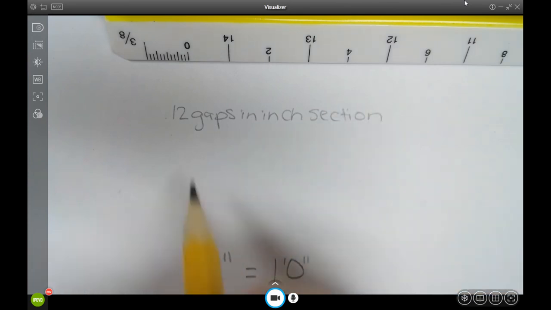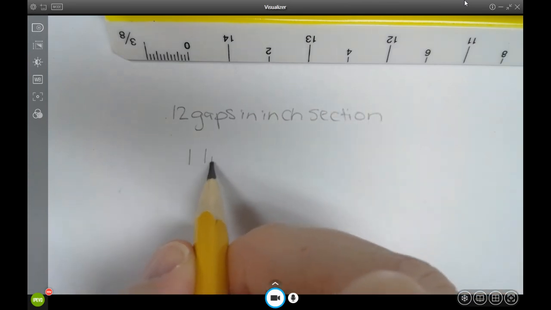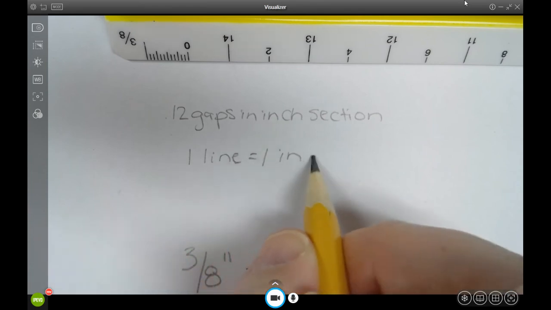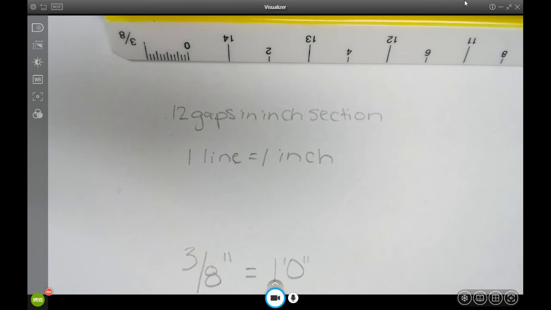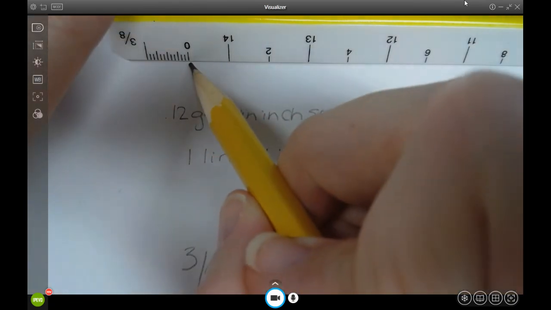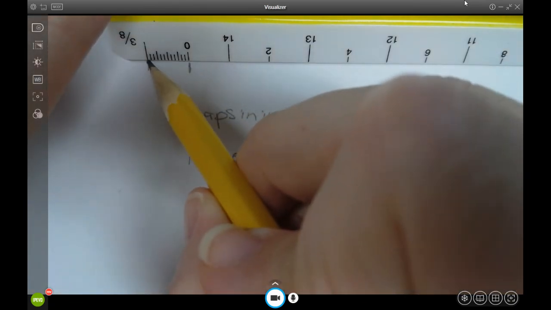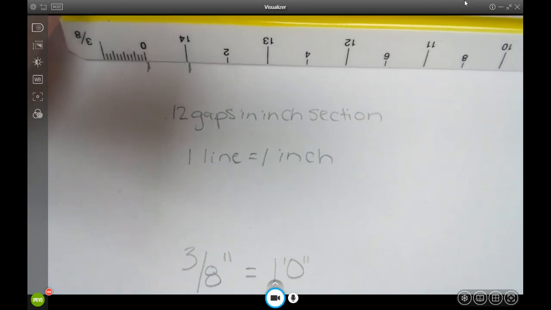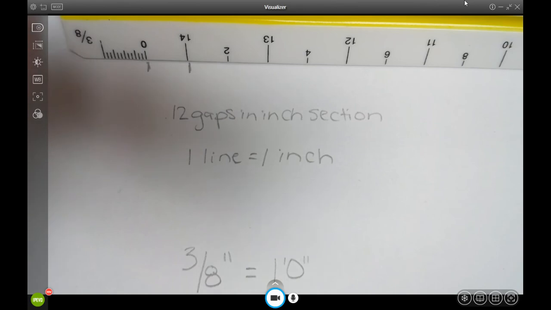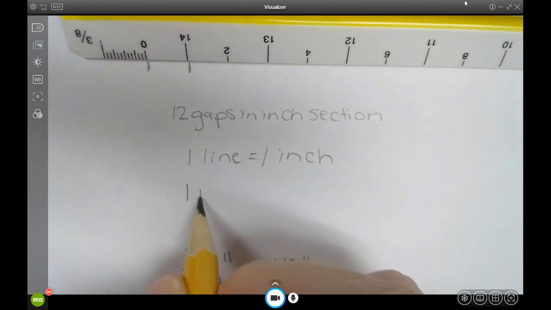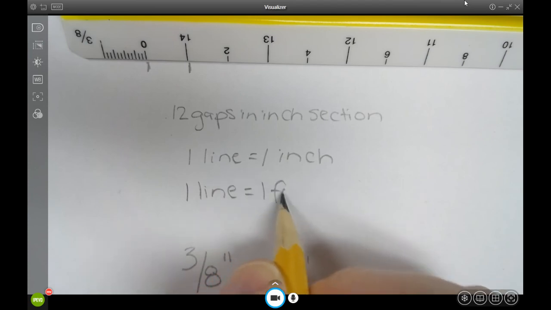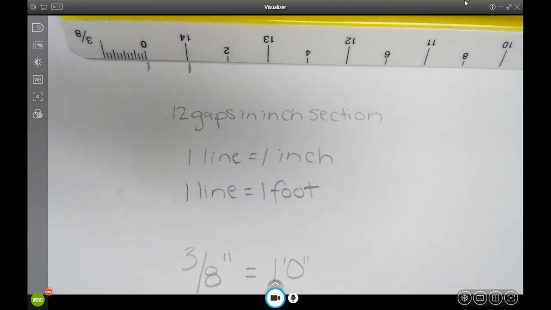So we know that we are back to 1 line equals 1 inch. And then we'll make our little marks to help us figure how many lines are a foot. And it looks like 1 line equals 1 foot for this scale as well.